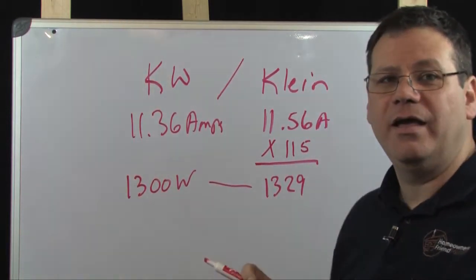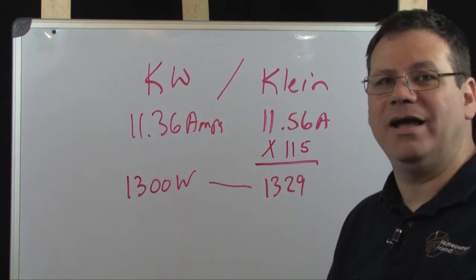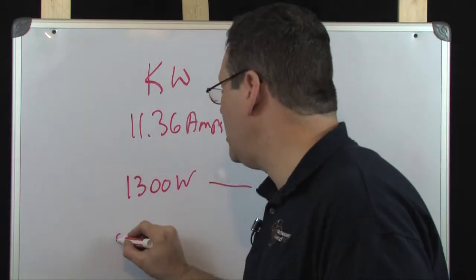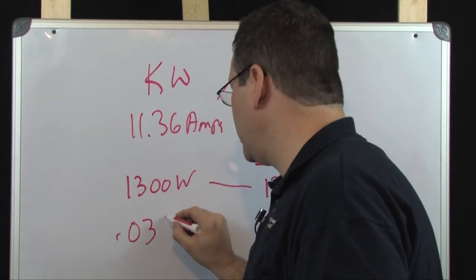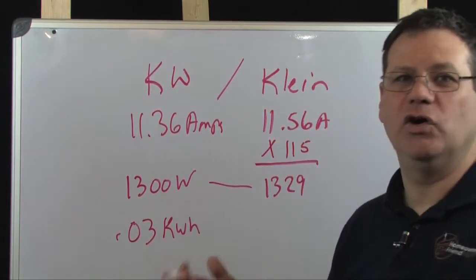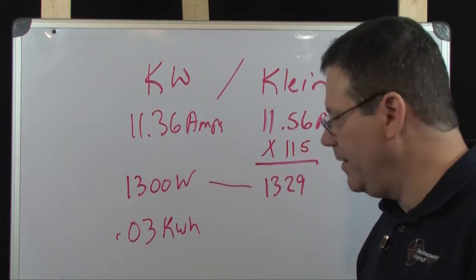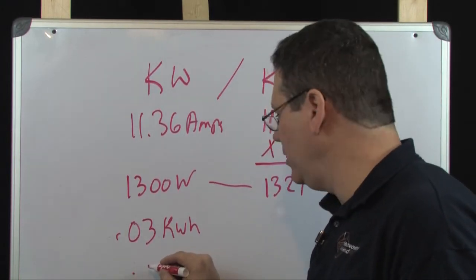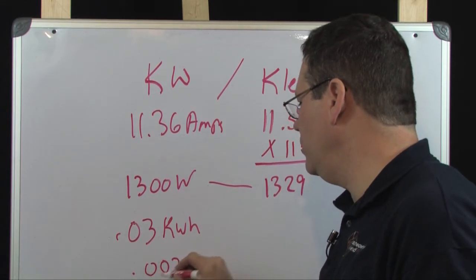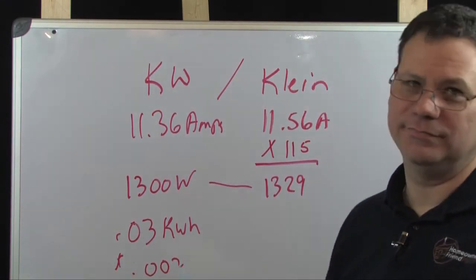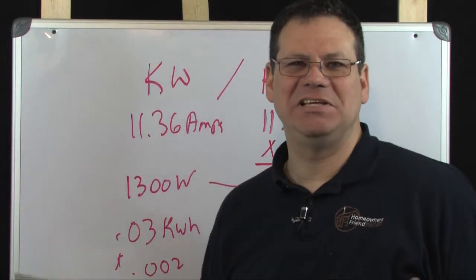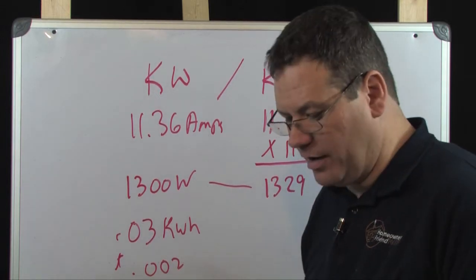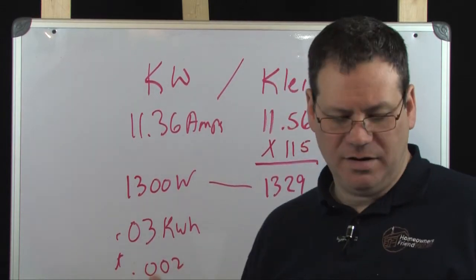Now, the kilowatt meter, after making a cup of coffee and then letting it heat back up to make a second cup, read 0.03 kilowatt hours consumed. If I multiply that out times our power rate, it was about $0.002, or 0.2 of a cent. So you'd have to make about 5 cups of coffee before you'd run your power bill up a penny. That was a neat little thing.